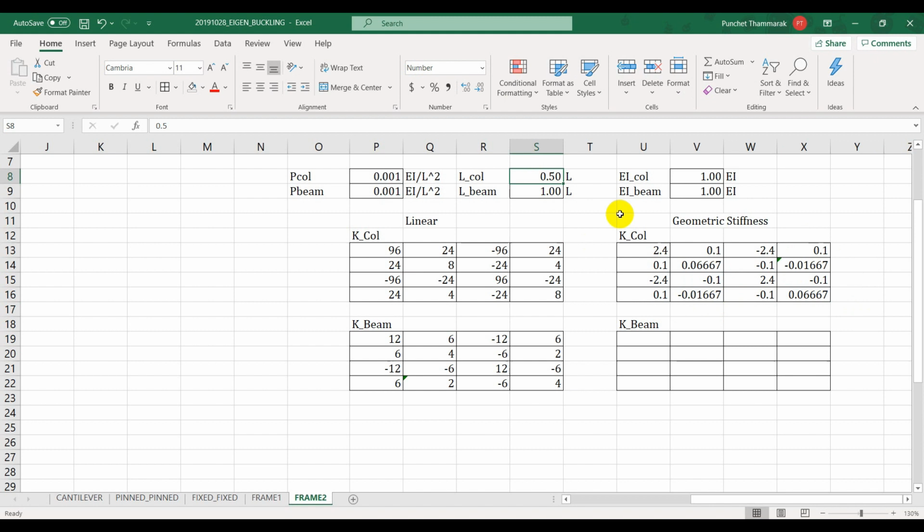right. So if you have just one, everything just come back to normalcy. 1.2, 0.1, minus 1.2, 0.1, 0.1, 1.33, 2 over 15. Okay. Right.